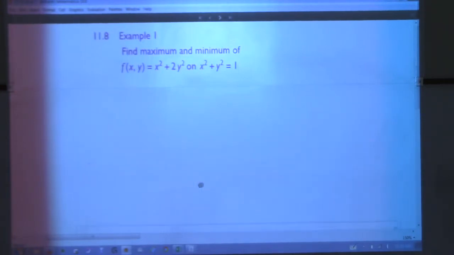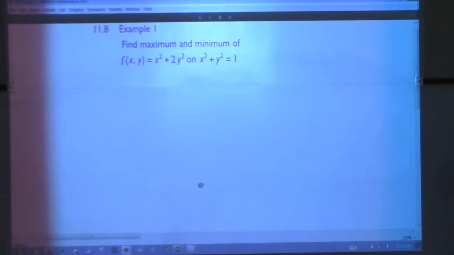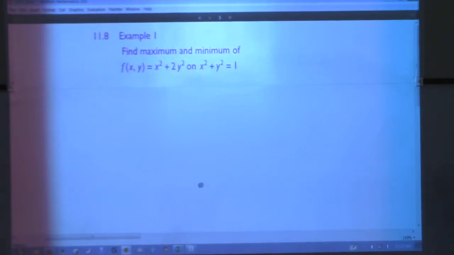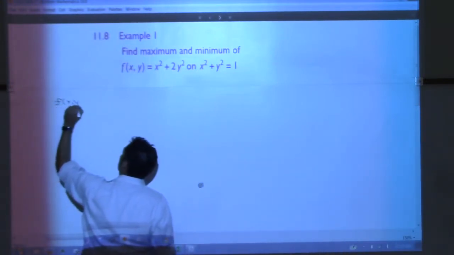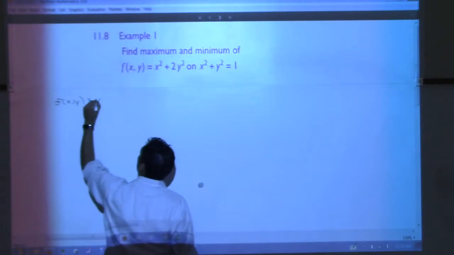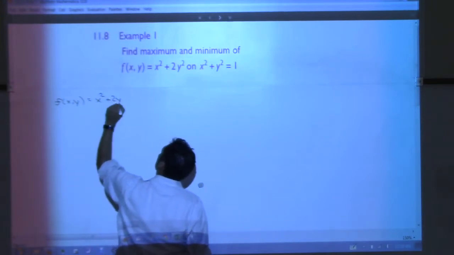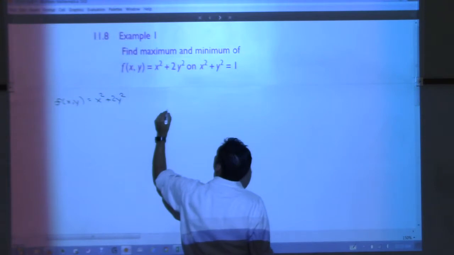First, let's identify what is f of x, y and what's g of x, y. So what is f of x, y here? It's given, so there's no magic happening there. Now let's write down the constraint equation.